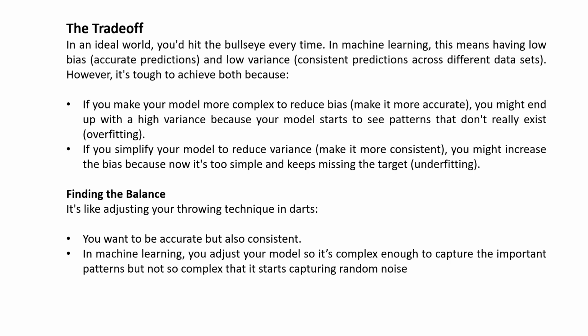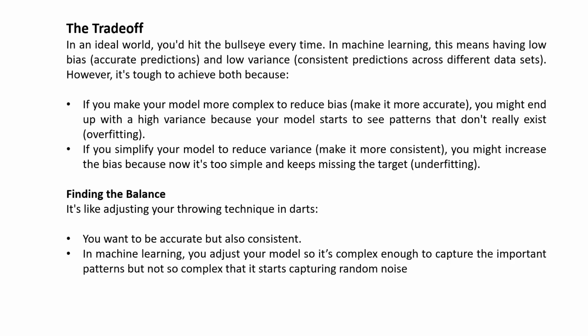This will cause underfitting. Finding the balance means you want to make an accurate and also consistent model. In machine learning, you have to adjust your model so that it is complex enough to capture the important patterns, but not so complex that it starts capturing random noise.